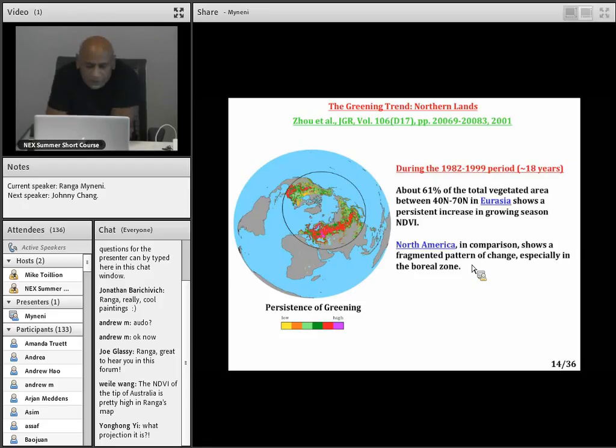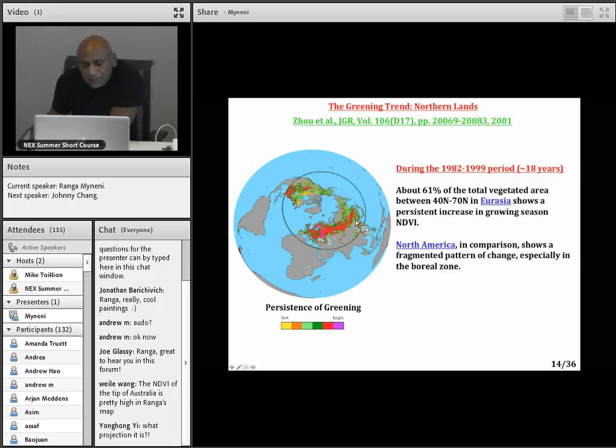where the key discovery seems to be that we are seeing a persistent trend in greenness, meaning that the greening is persistent over this 18-year period in Eurasia, and you can see that here if you follow my cursor.